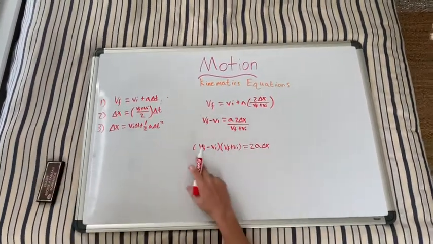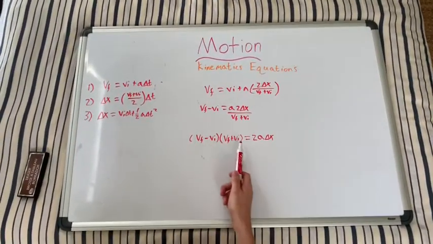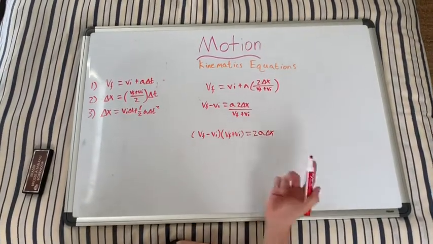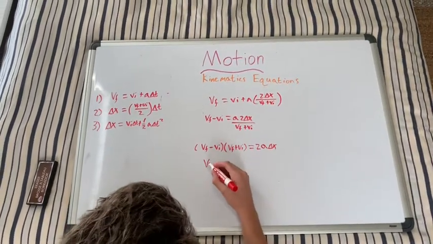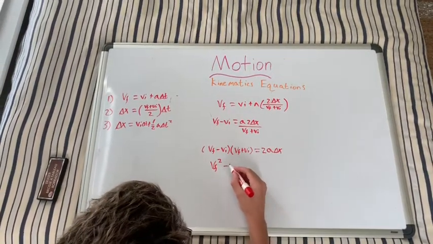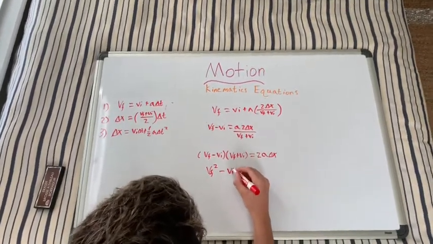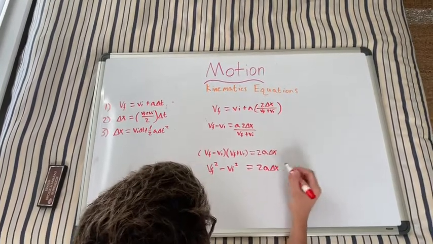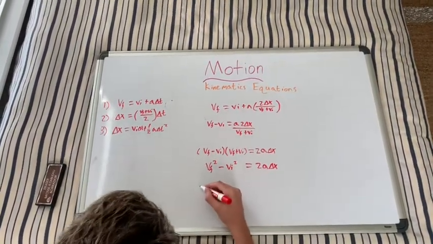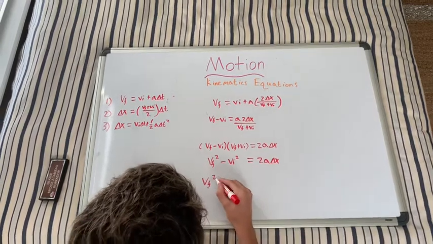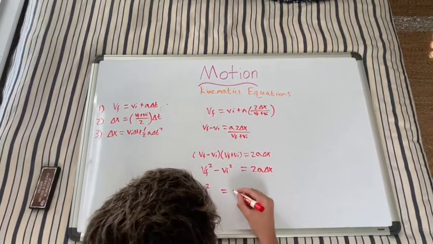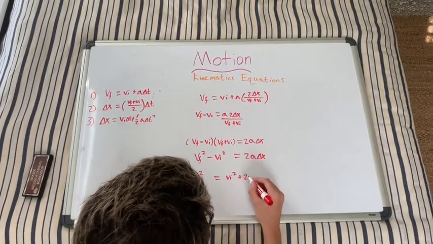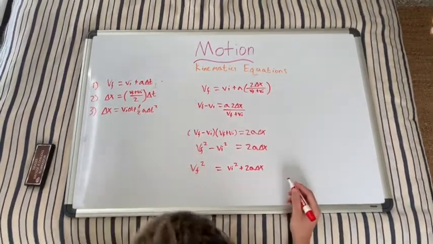These 2 are conjugates, so if you multiply them out, it will be equivalent to vf squared minus vi squared equals 2a delta x. Then we just add over, and we have the 4th and final kinematics equation, the timeless equation: vf squared equals vi squared plus 2a delta x.